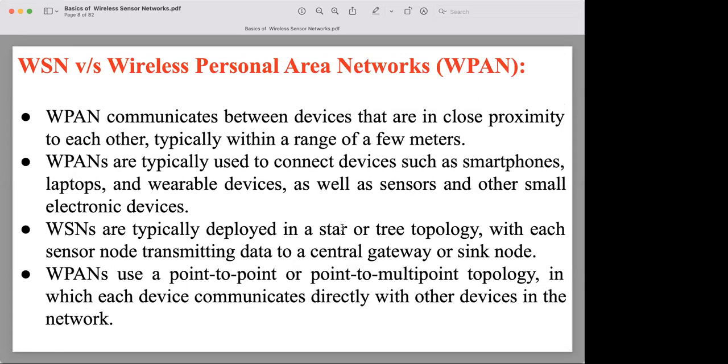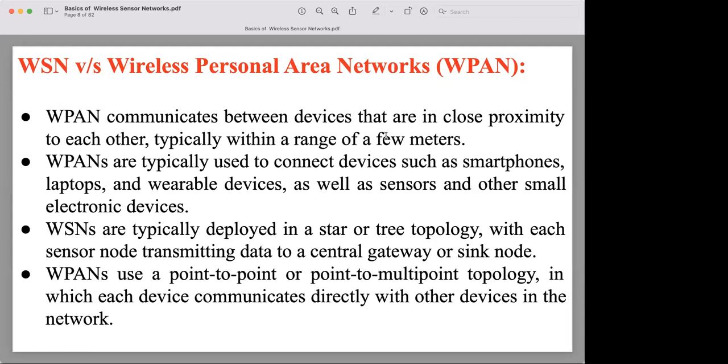Now this is the final comparison: wireless sensor network and wireless personal area network. WPAN is a personal area network that communicates with devices that are in close proximity with each other, not so far. That means they are within a few meters. If you have a smart room, then definitely you need to make a wireless personal area network.